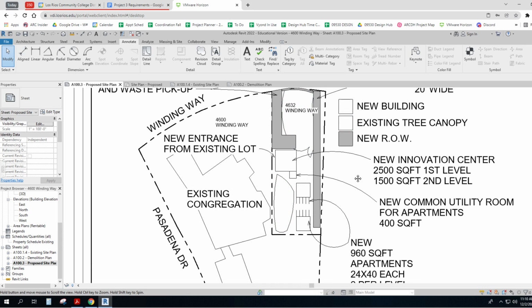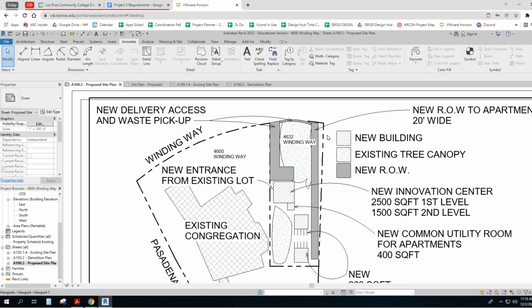The last thing we wanted to do was to make sure that we have a right of way, some way to get down to here, to the buildings. And then since this is an innovation center, you're going to have to be able to get deliveries and things like that. So I made a much larger area here.